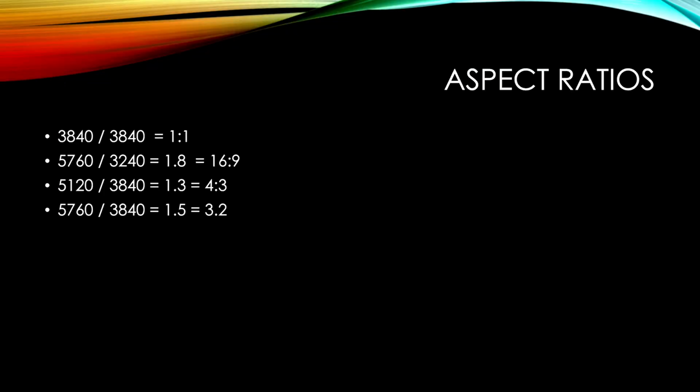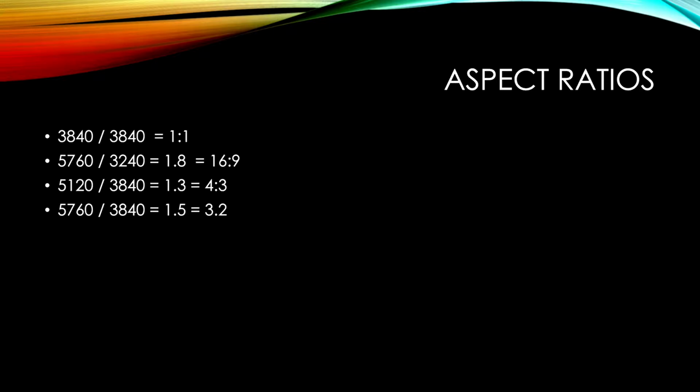So here are the dimensions of the photographs that I showed you in Lightroom. This is how I came up with the calculation as to what is the aspect ratio of each of those photos. So this is kind of how you would make that determination if you knew the dimensions of your photo.